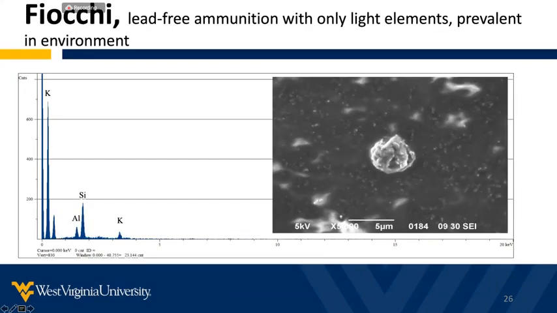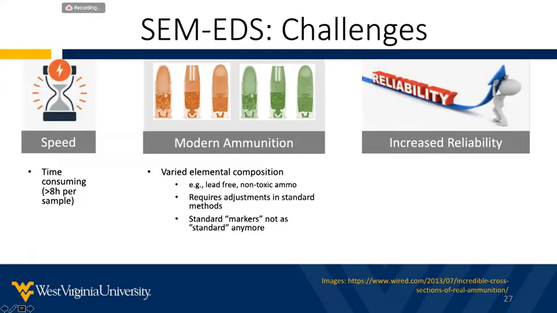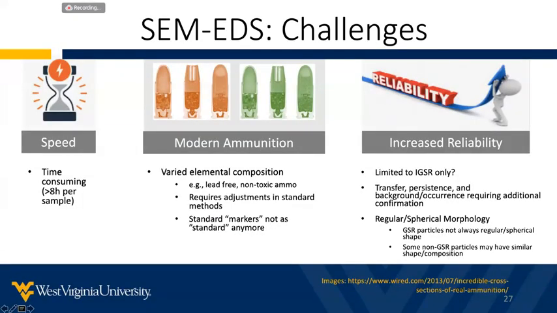Also, some non-toxic ammunition, like the one shown here, does not have neat spherical morphology and only contains light elements that are prevalent in the environment, such as potassium, aluminum, and silicon. And this brings us to the next challenge, which is requiring an increased reliability in the analytical result.